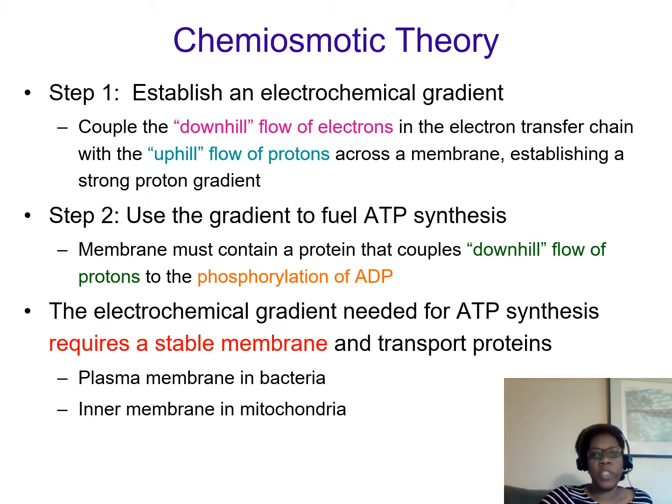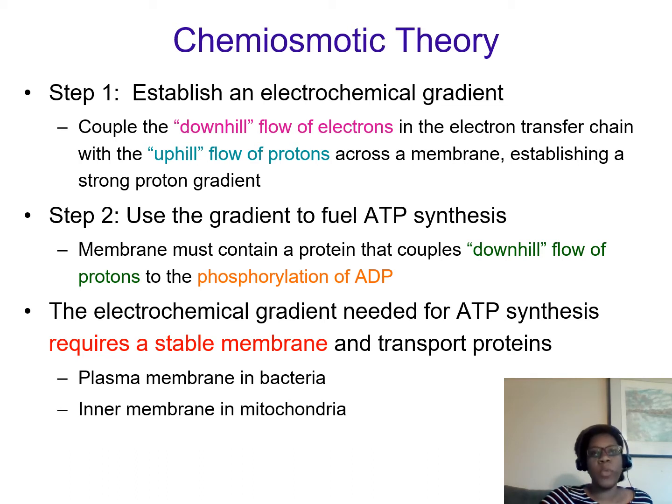And the energy created from the electron transfer is going to create an uphill flow of protons across a membrane. So electrons are going to be carried from one molecule to another, and the energy created from the electron transport is going to create a proton gradient uphill across a membrane.